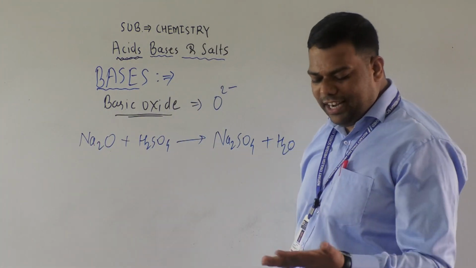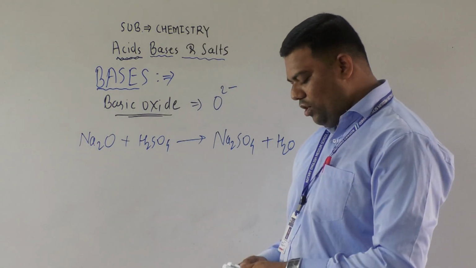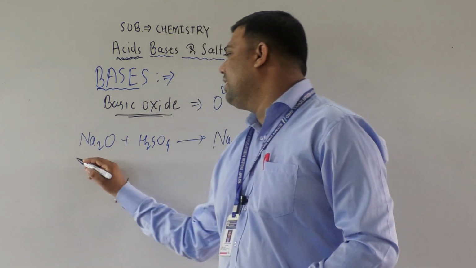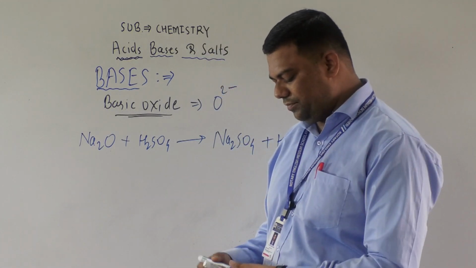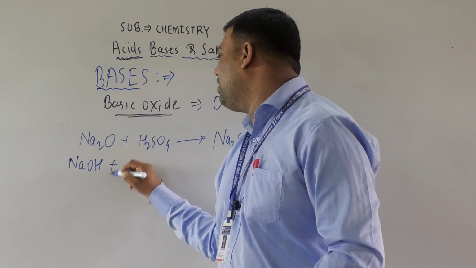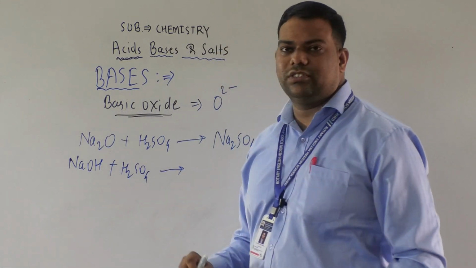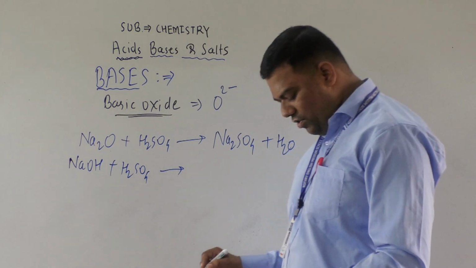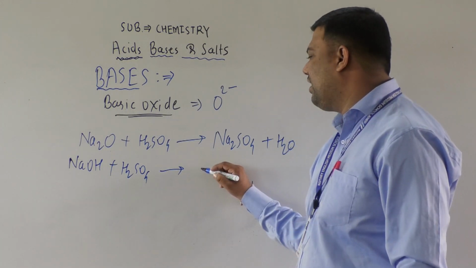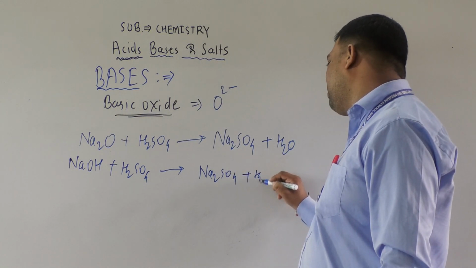But a basic hydroxide is also there. So when your basic hydroxide, like this NaOH, reacts with H2SO4, we just saw the reaction. You will get Na2SO4 plus H2O.